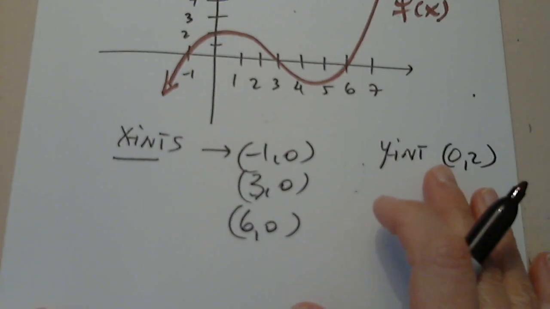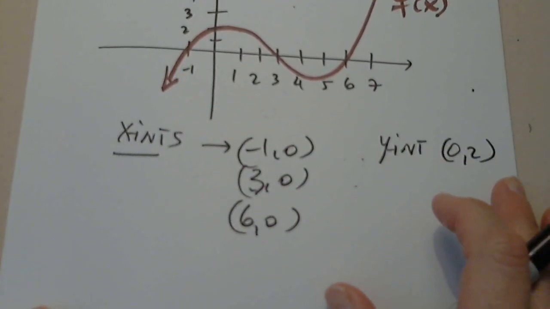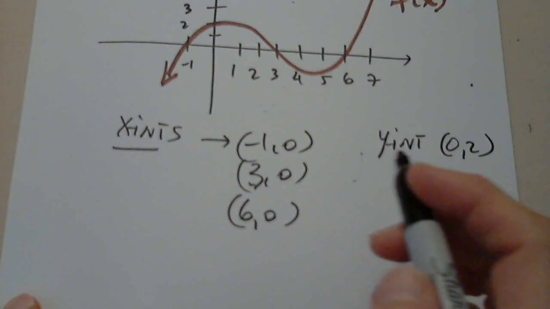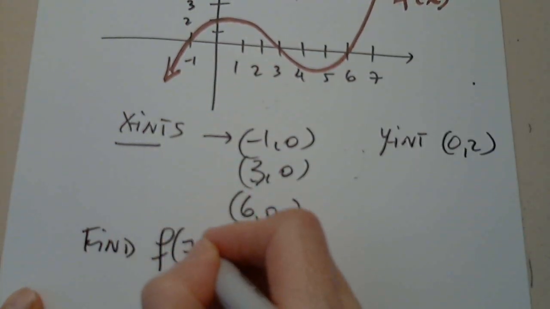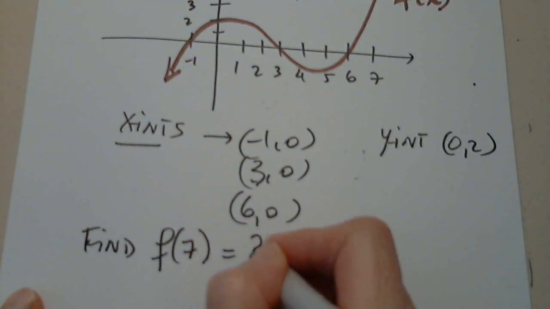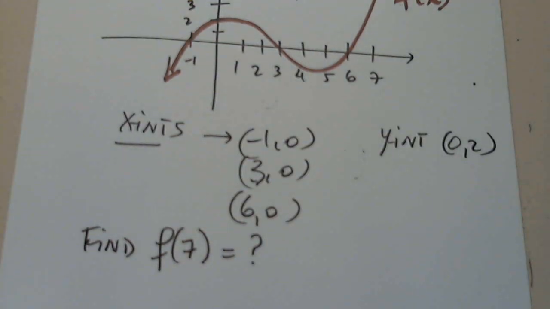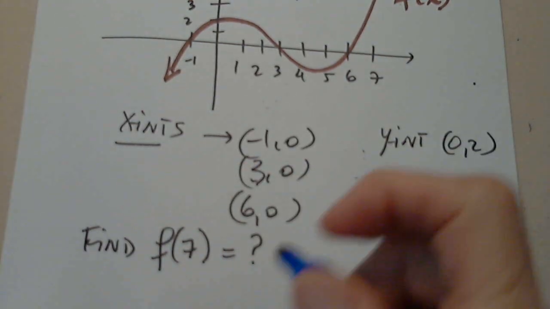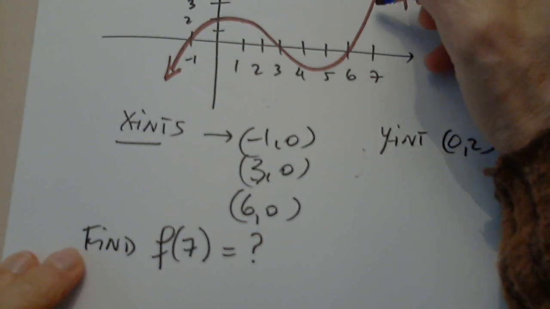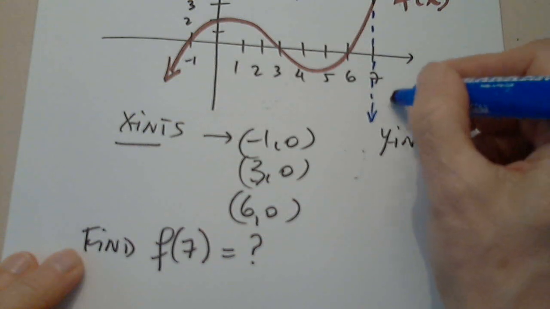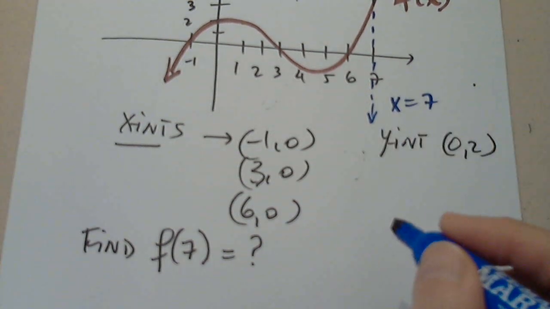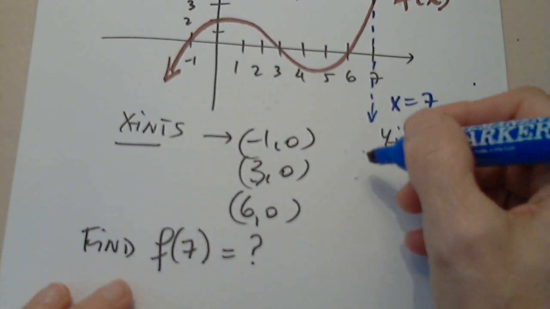Now I have the following question. Find f of 7. Here's how I think about it. Obviously, I'm told that x is 7. Well, x equals 7 is a vertical line. I graph it, or just imagine that I graph it.